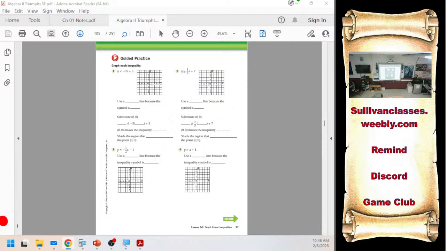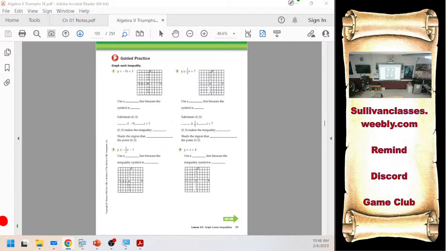Alright. So, what's anything times 0? Plus 5, 5. So you just said 0 is less than 5. Is that true? Yeah. So if it's true, I'll shade the part that includes it, because if it's true, it's part of my answer. If this is part of my answer, everything on that side is my answer.